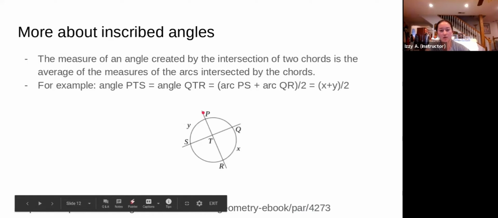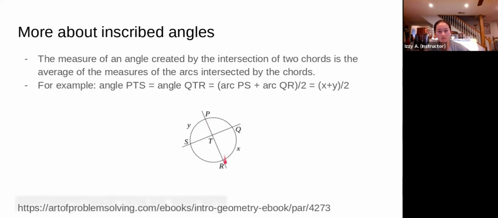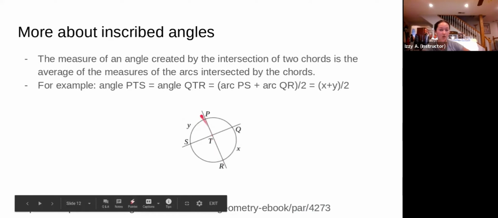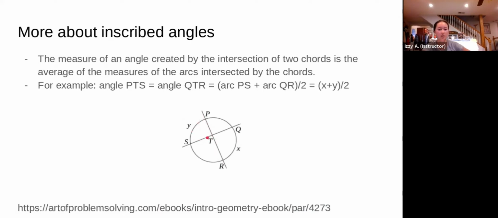Imagine if line PR, instead of forming a perpendicular intersection with SQ, was more of a slanted intersection. Then those four angles obviously wouldn't be congruent to each other.